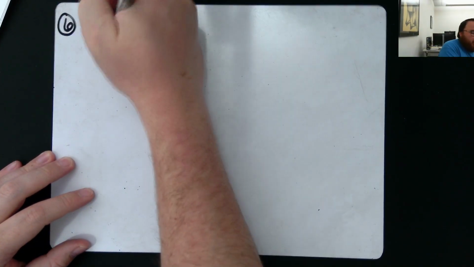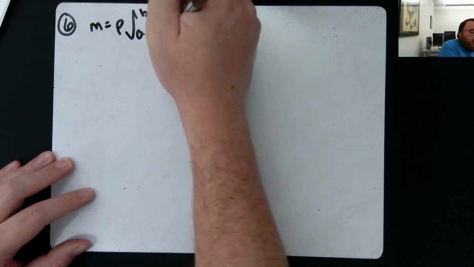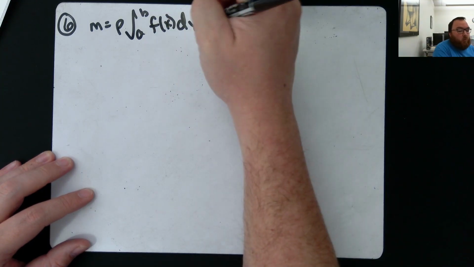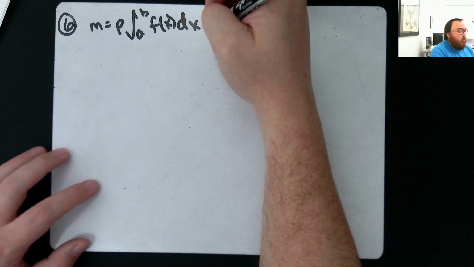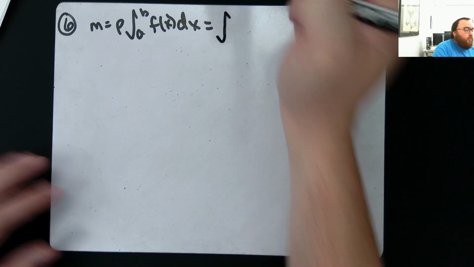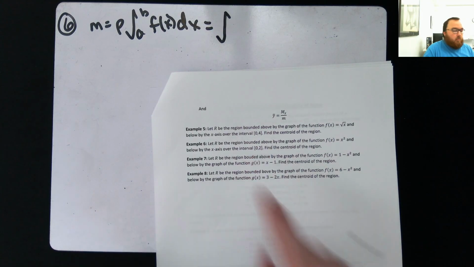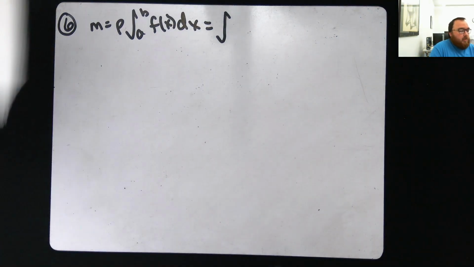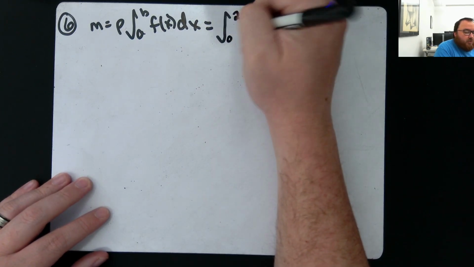Total mass is rho integral a to b f of x. They do not specify what the rho is, so I'm going to assume it is equal to 1. So I'm going to do integral a to b is going to be 0 to 2 because that's what the bounds are. So 0 to 2, and my function is x squared.